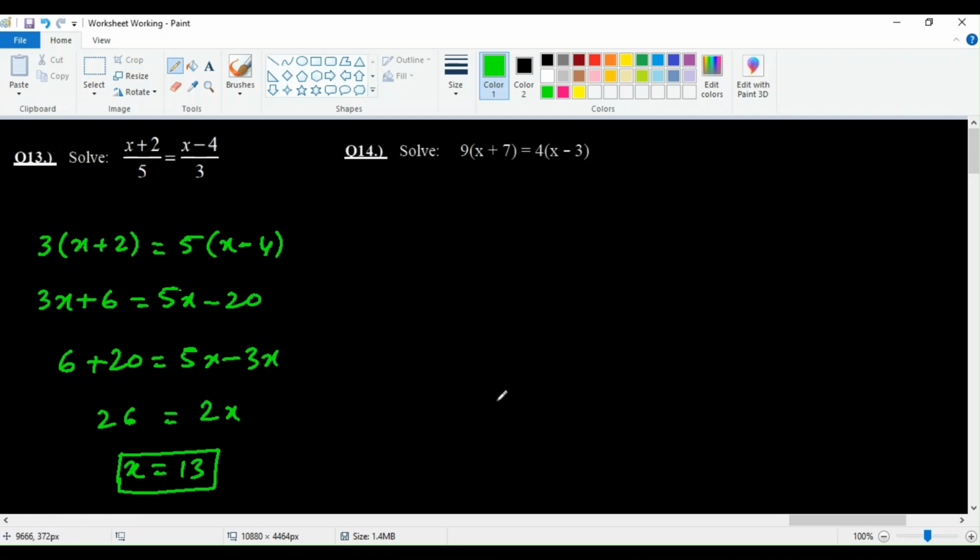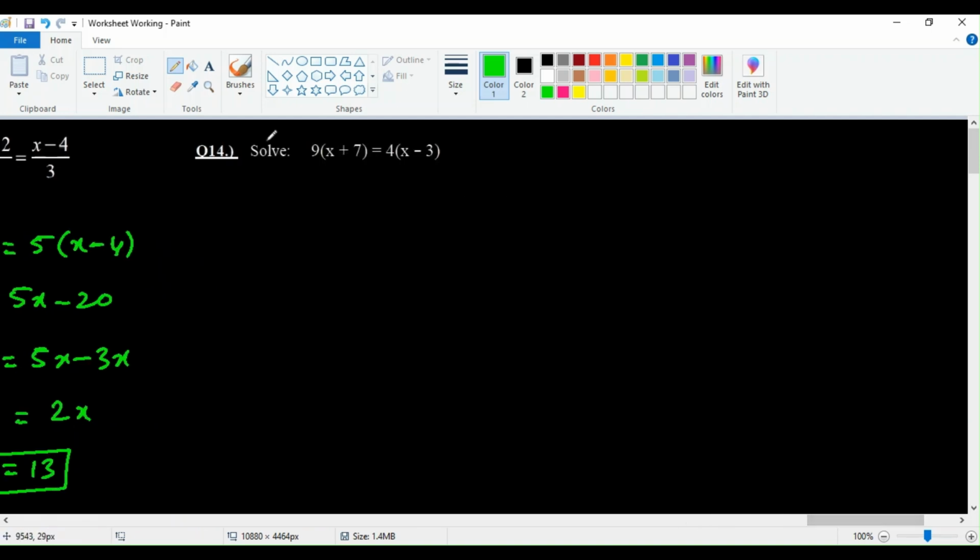Now here again expanding brackets, 9x plus 63, and 4x minus 12, keeping the like terms together, 9x minus 4x, and minus 12. This plus 63 will go to the other side and becomes a minus 63.